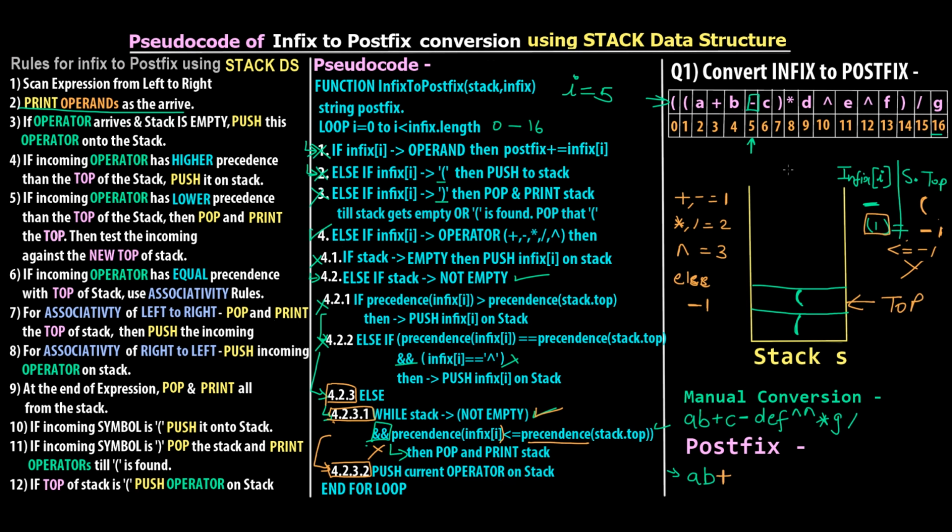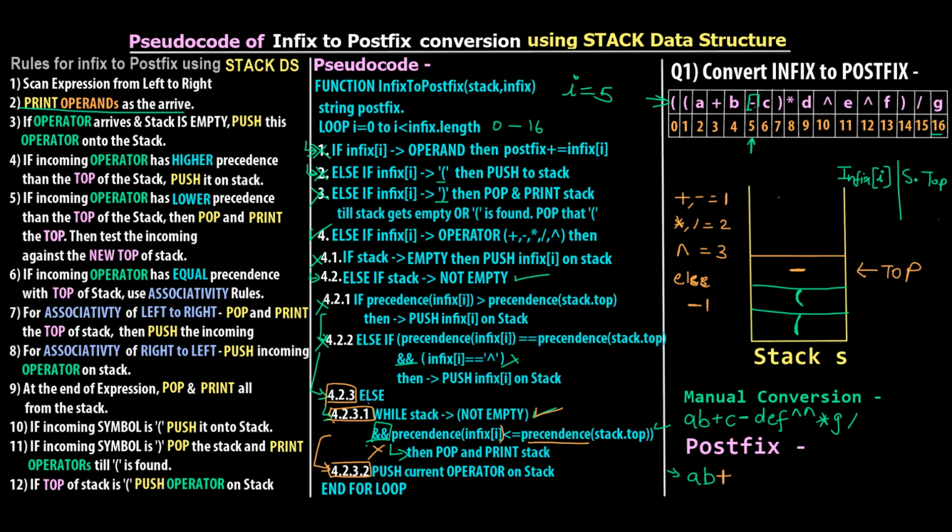Which is the current operator which we are at? We are at infix of I, which is minus. So now this minus is taken and pushed onto the stack. So minus will come over here. This will become the new top of the stack. Okay. So we've got minus in the stack. So this is the last instruction in the 4.2.3 else block.